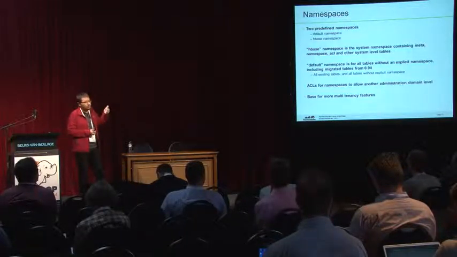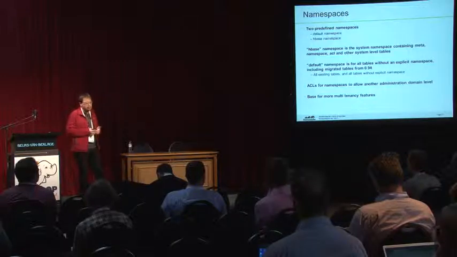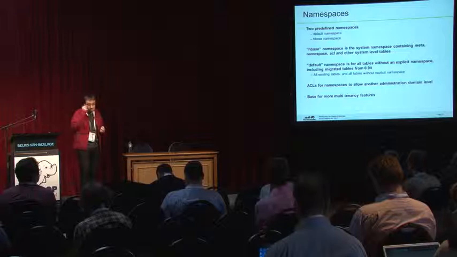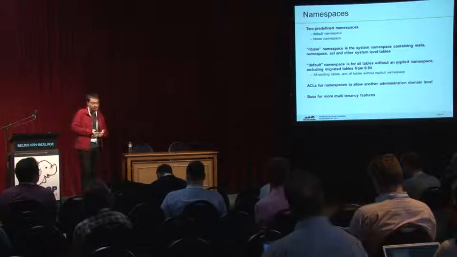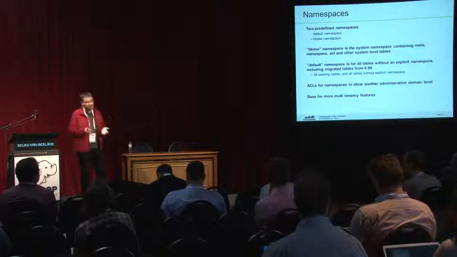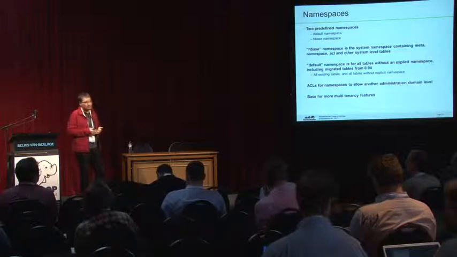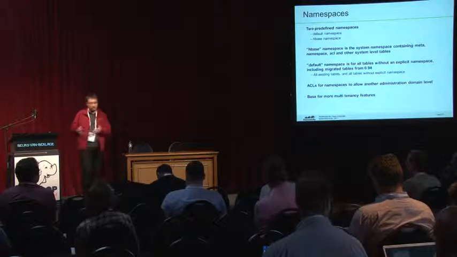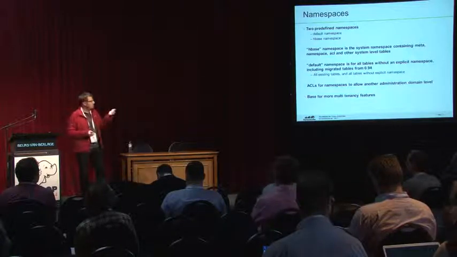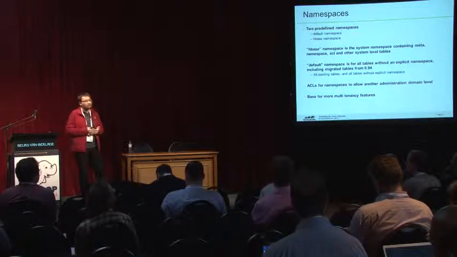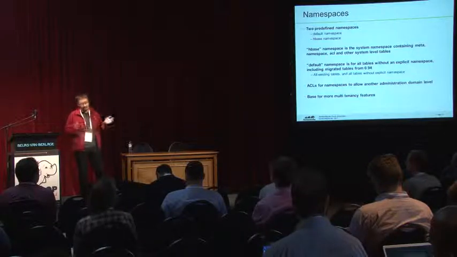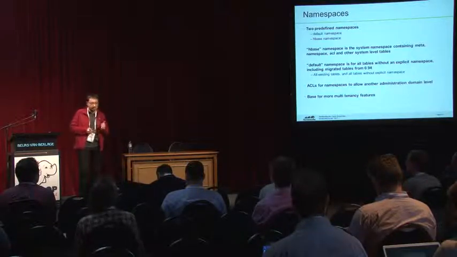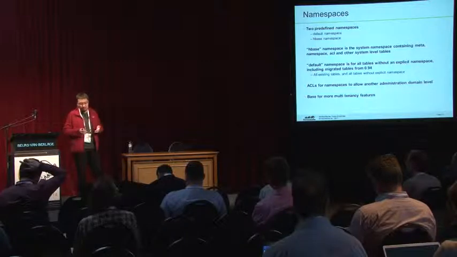The first one is the default namespace, which is basically the namespace for all the tables which don't have any namespace. So if you have existing data in your HBase cluster and then you're upgrading it, all your tables would go into this namespace. And you can still create tables without any kind of namespace definitions, and they would also go into this default namespace.